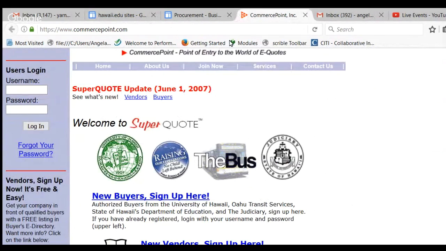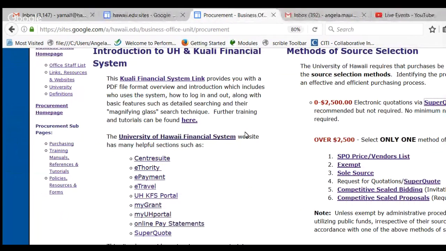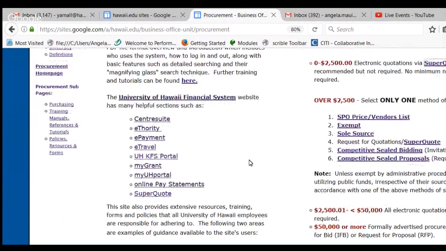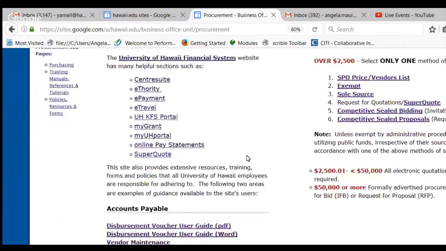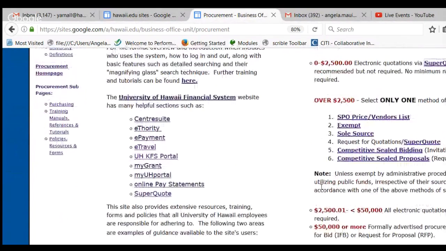Yeah, to use Supercode. And what else would you use to purchase? That I don't know actually.